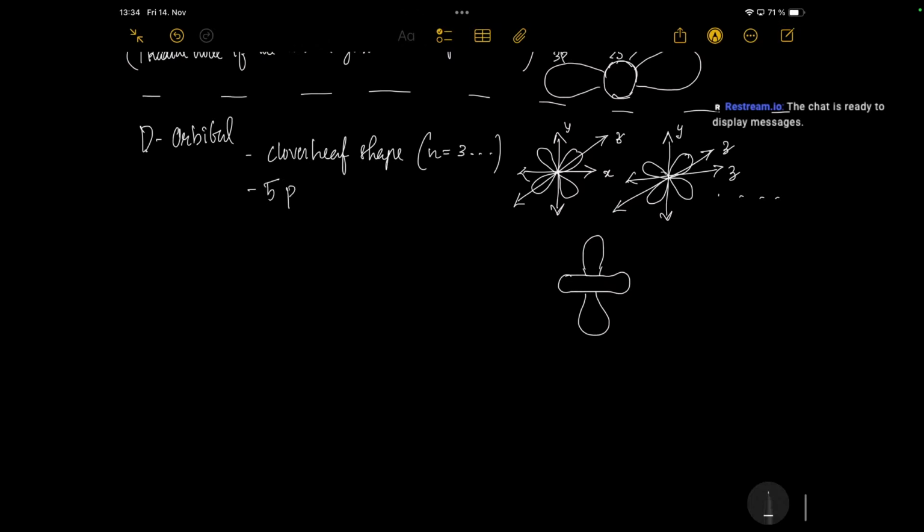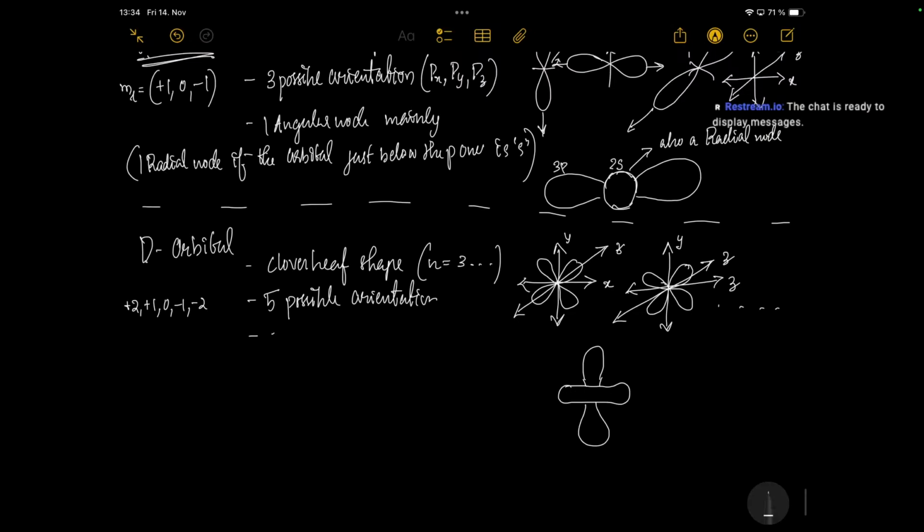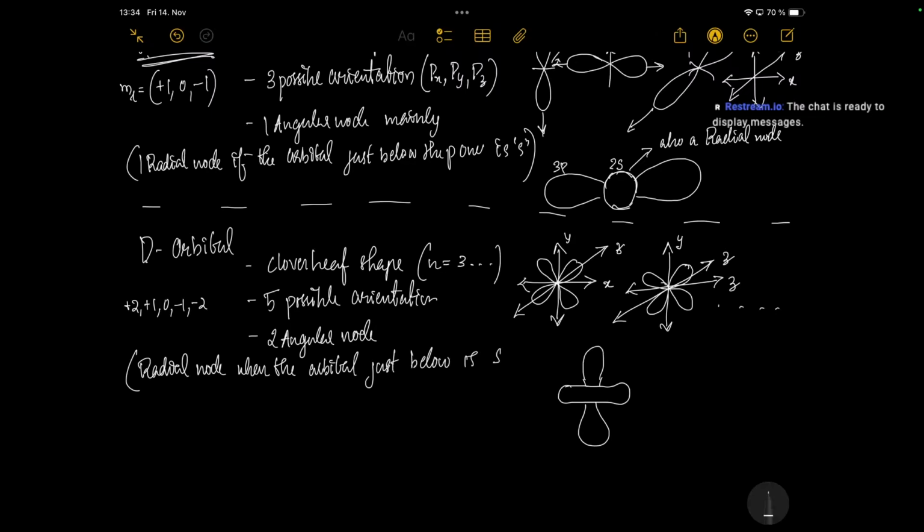Five possible orientations. Two angular nodes, and a radial node when the orbital just below is s.